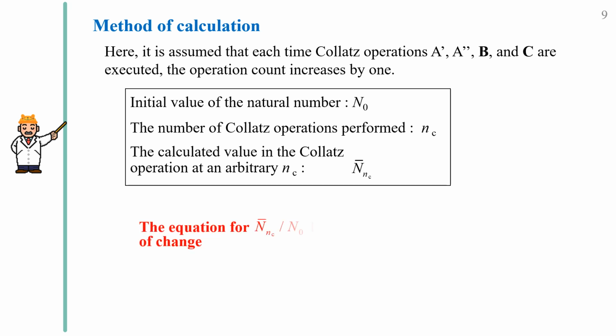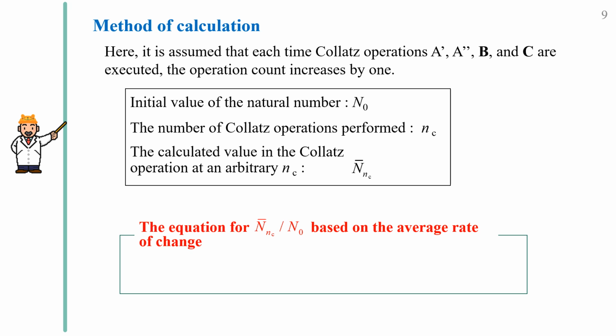Then, the change in the calculation value n bar sub n sub c divided by n sub 0 based on the average rate of change is expressed by the following equation. It should be noted that the calculation value is expressed in a dimensionless form by dividing by the initial value.